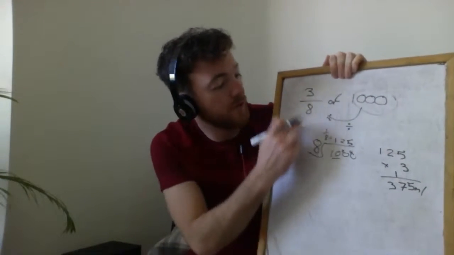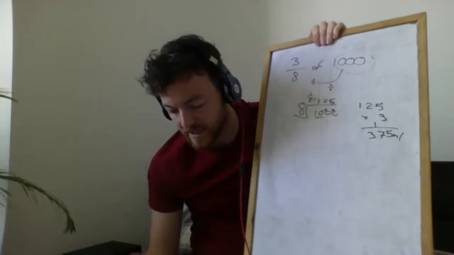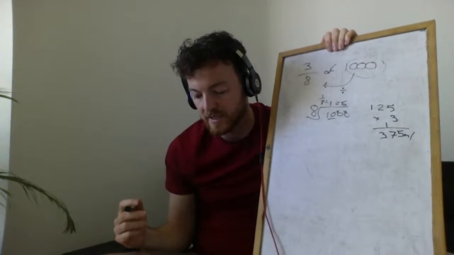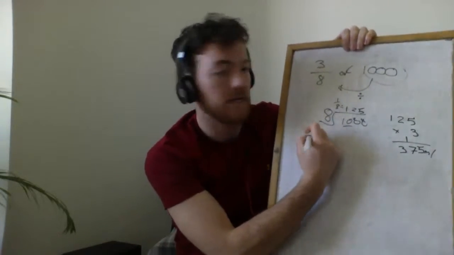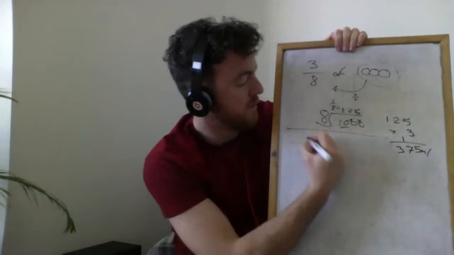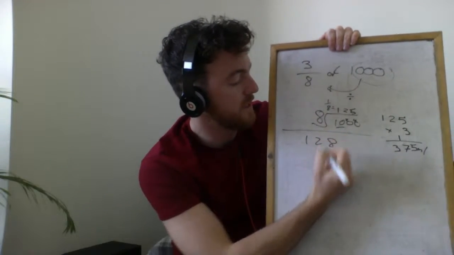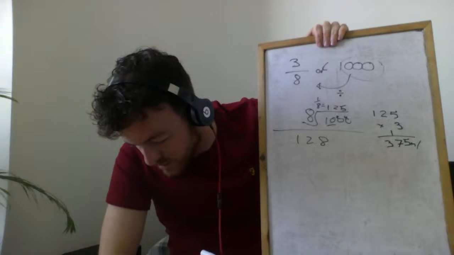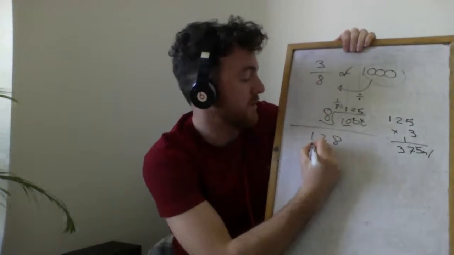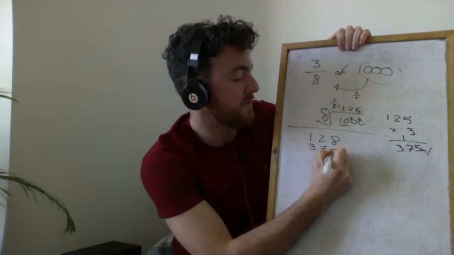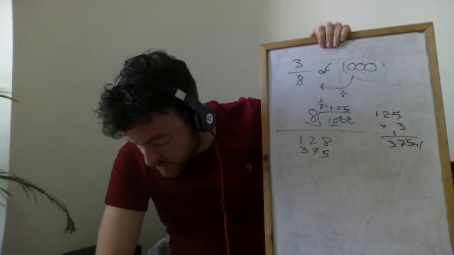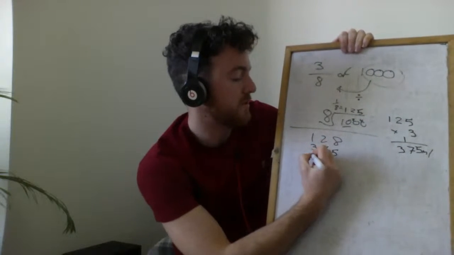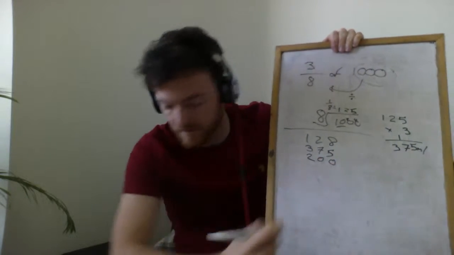Once you've figured out 3/8 equals 375, your next task for question 6 was to add them all up. So we had 128 plus 3/8, which is now 375. Then 0.2 liters. 0.2 liters is 200.